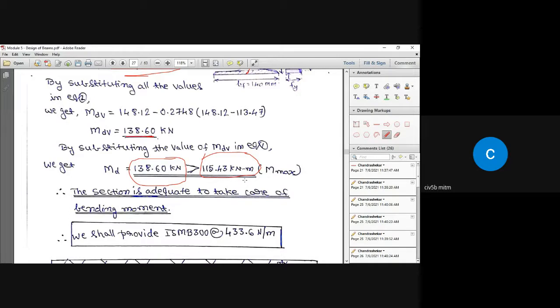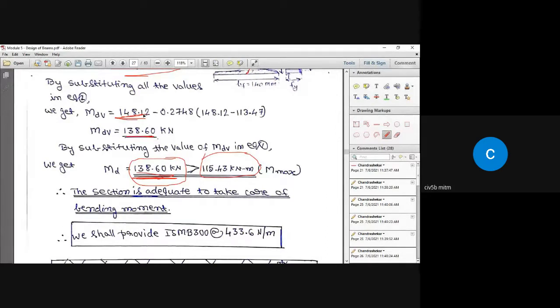So here what I am trying to show is, when we consider the case of low shear, the MD value was 148.12 kilonewton meter. Okay, so when we consider the case of high shear, look at the moment carrying capacity of this section, 138.60 kilonewton meter.